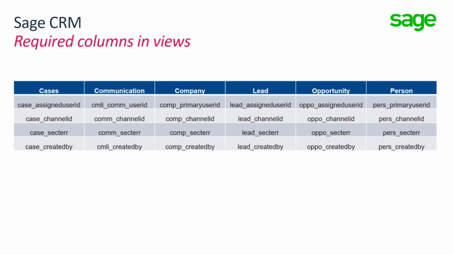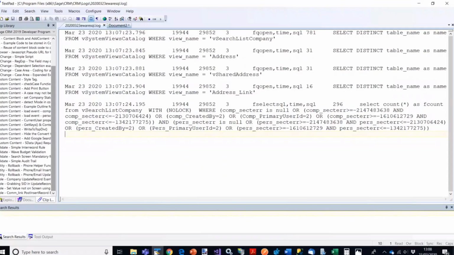Now, if we want to see the user profile in action, a dynamic change, we need to go into the logs. Remember, we've been looking at the idea of a user calling up and searching for information, searching the company. So the logs provide a very useful place to view the way in which the SQL is changed dynamically by Sage CRM.